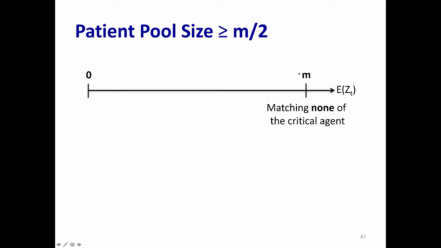So if the planner does not match anyone, the pool size should be m. Now, my claim is that if the planner matches everyone, this is not going to be true, but suppose the planner under the patient algorithm could match everyone. Now my claim is that the pool size must be m over 2.